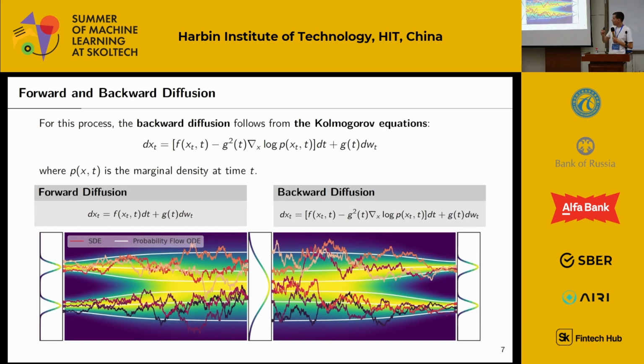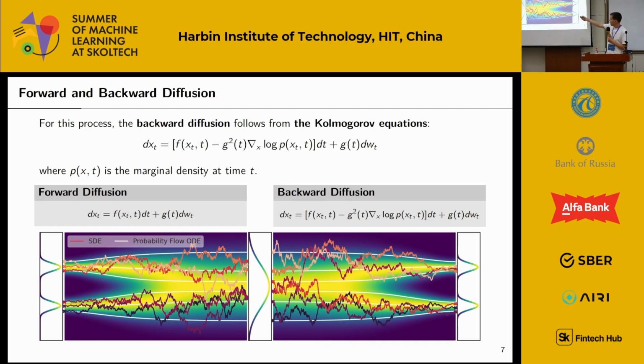Okay, so one important thing which you should remember from the courses on random processes, in particular stochastic differential equations: if we have some diffusion process which is represented in this form, then for this diffusion one may write down a so-called backward diffusion, or diffusion in the reverse time.